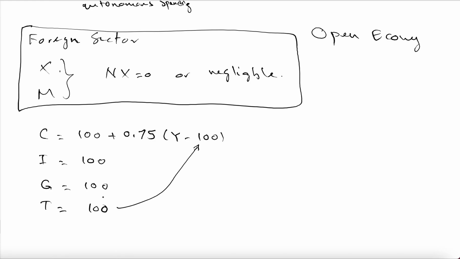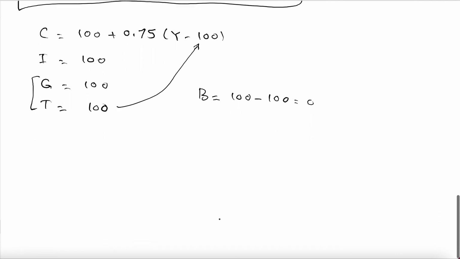Okay, so we have a balanced budget, so the budget is 100 minus 100, equal to 0. And what would be the equilibrium in this economy? Equilibrium would be, first, let's say aggregate expenditure is equal to C plus I plus G.